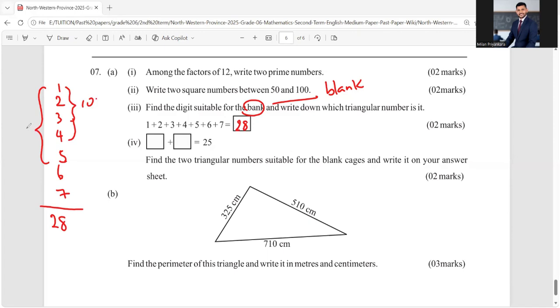If you add these two, you just have to think here. If you add 1 to 4, you will get 10. If you add 1 to 5, you get 15. Then 10 plus 15 is equal to 25. 10 and 15 are triangular numbers. Okay, and that's it.